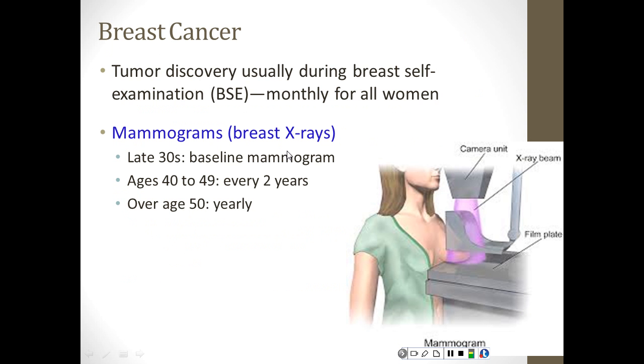So the majority of tumors are discovered during breast self-examination, or BSE, which should be done monthly by yourselves at home. They tell you to make sure you check every month, see if you feel any lumps, and of course by mammograms, which are there to help check tumors too small to be identified by your breast self-examination.